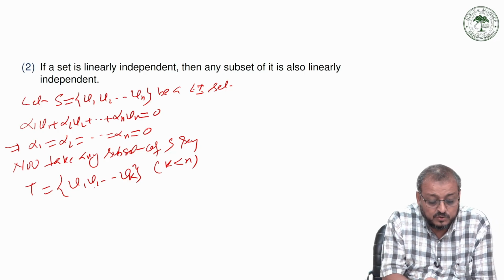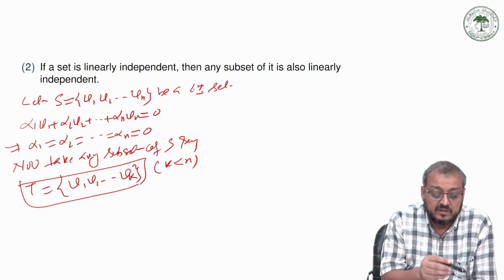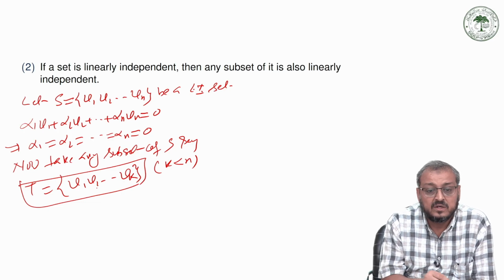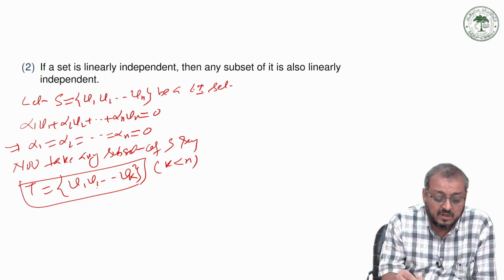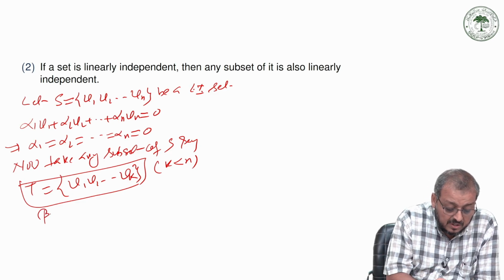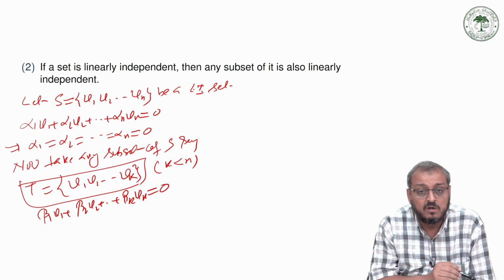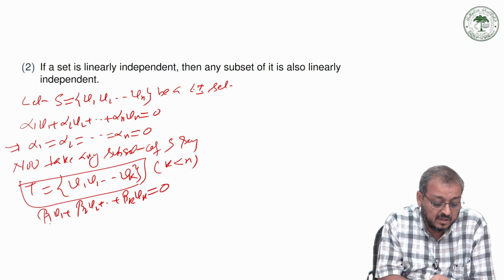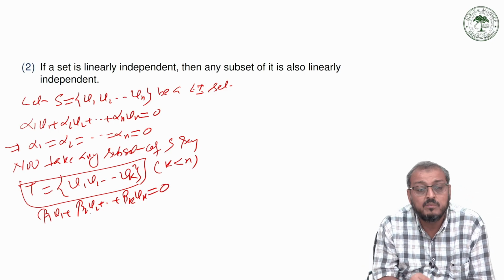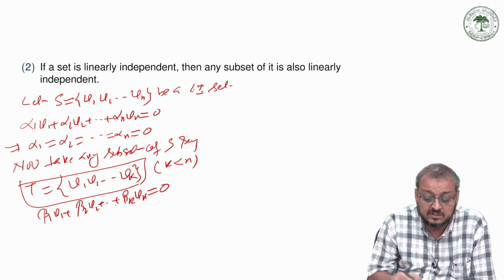This means that the only linear combination of these vectors equal to zero is the trivial one. So we write beta 1 v1 plus beta 2 v2 plus so on, plus beta k vk is equal to 0. Our objective is to show that beta 1, beta 2, up to beta k are all 0.